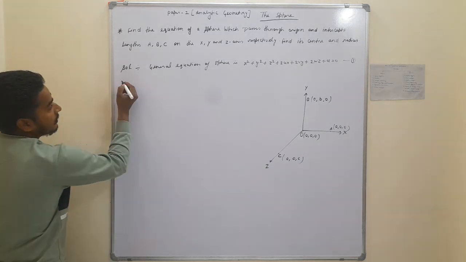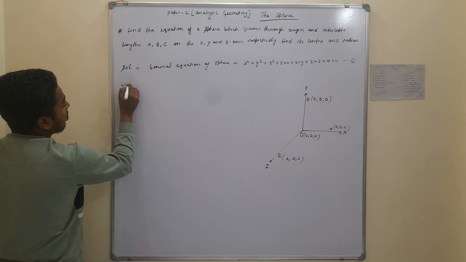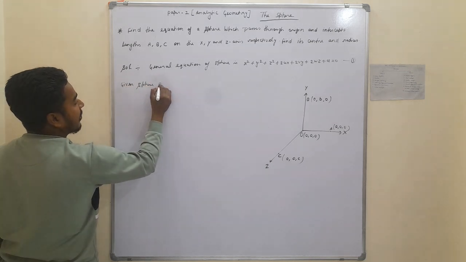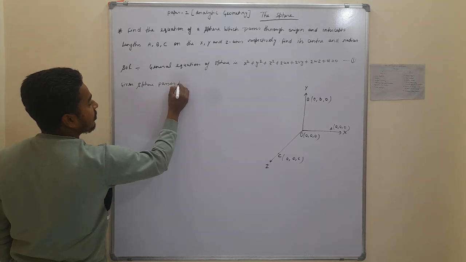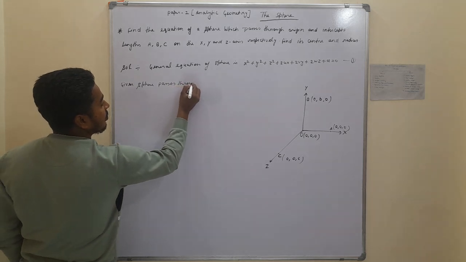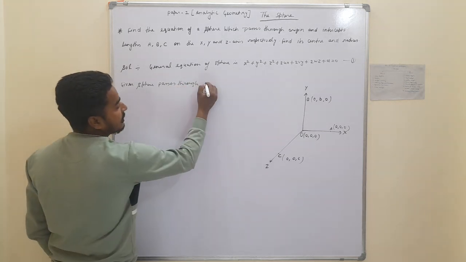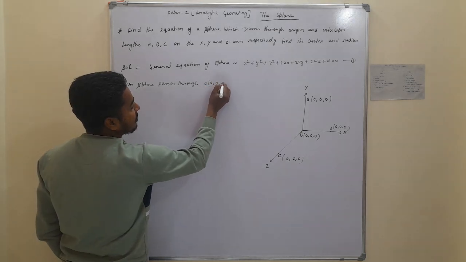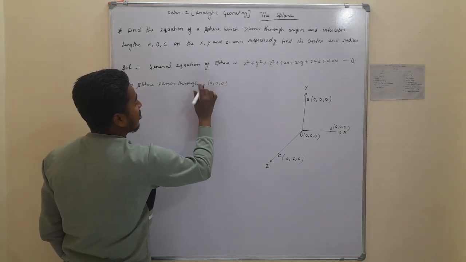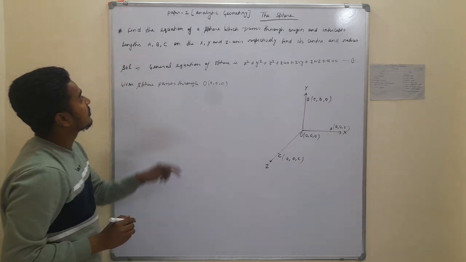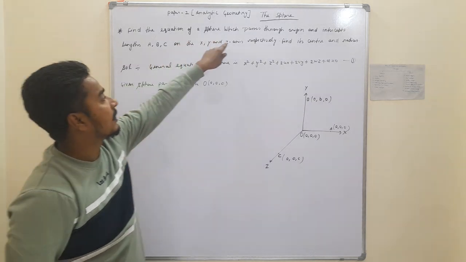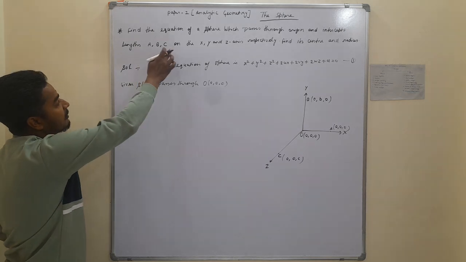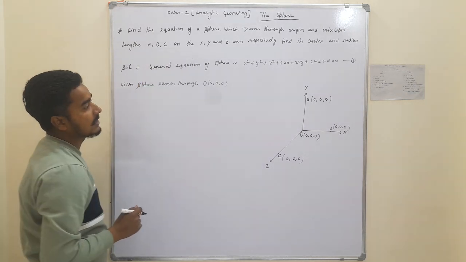First, the given sphere passes through the origin, 0, 0, 0. As the question says, find the equation of a sphere which passes through the origin and intercepts lengths a, b, c on the x-axis, y-axis and z-axis.